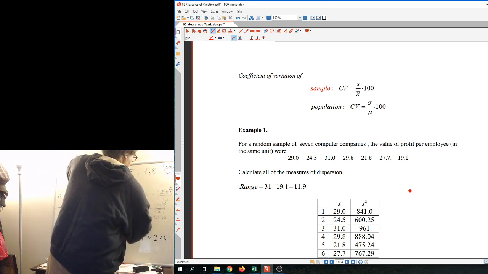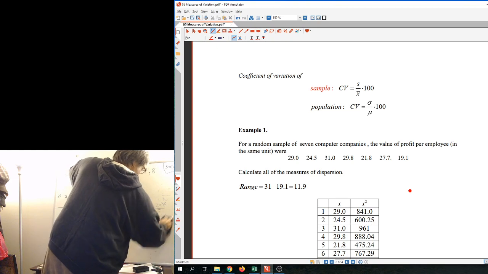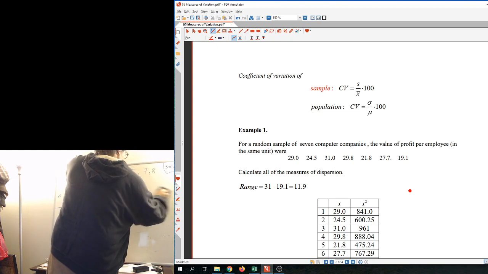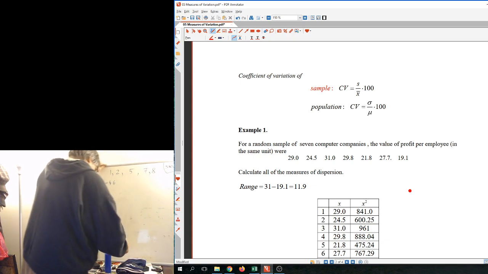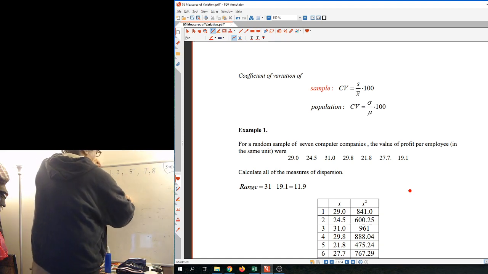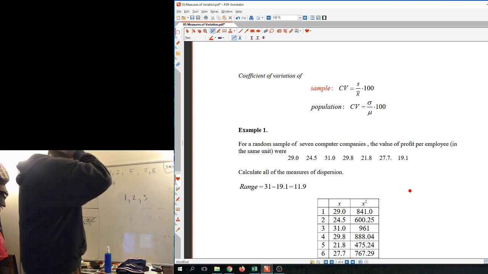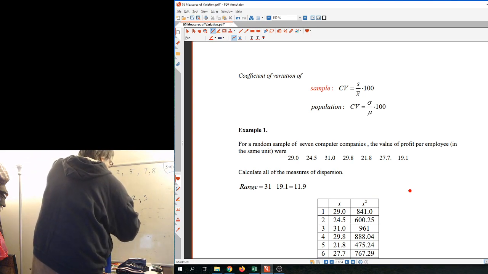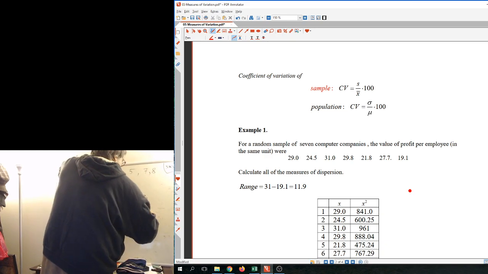And what am I talking about? How can that possibly be? You have the same jump away from the mean, but it's not dispersed the same. Now I'm going to give you a simple idea on that. You could have a sample like this: 1, 2, 3, and you could also have a sample like this: 101, 102, and 103.